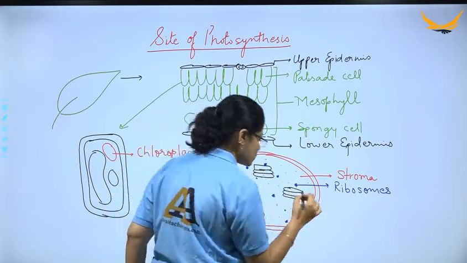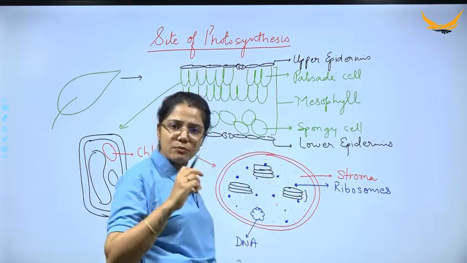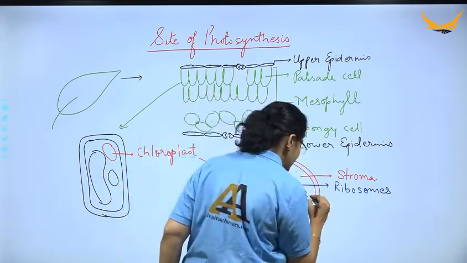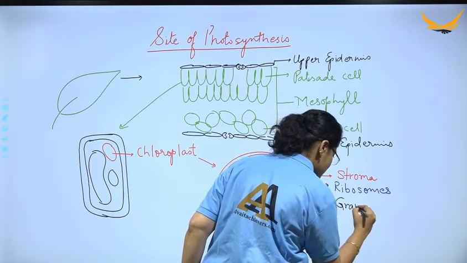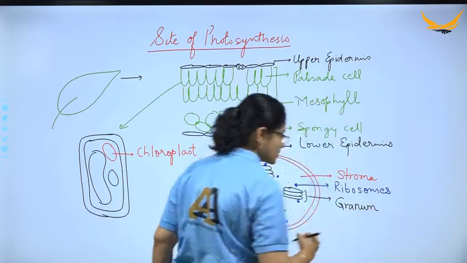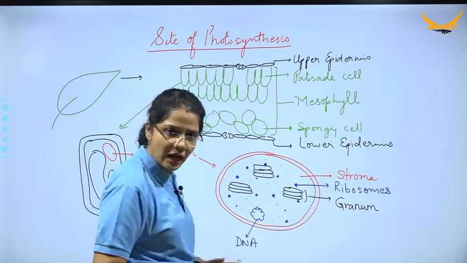Like this. So this one individual stack we call a granum. Clear? All of these together are called grana.